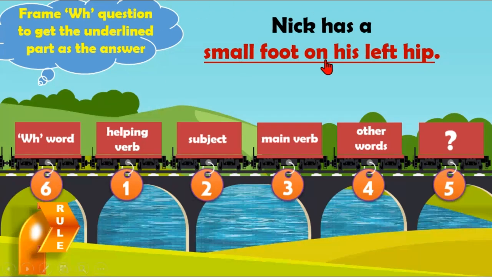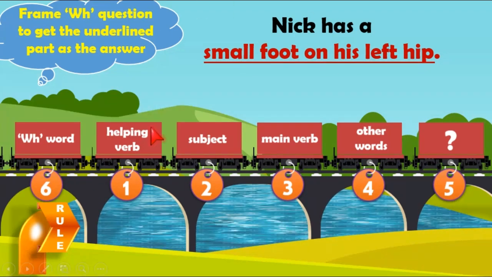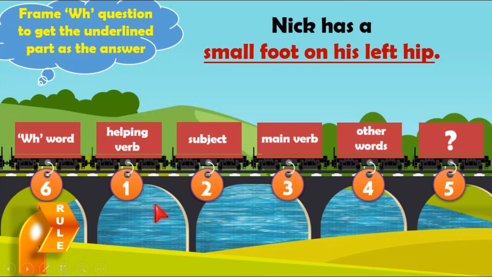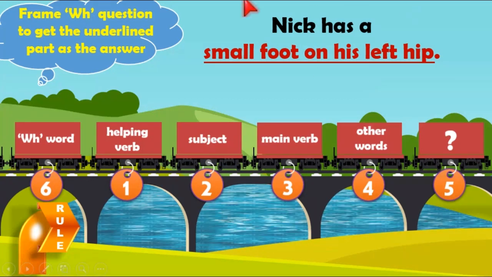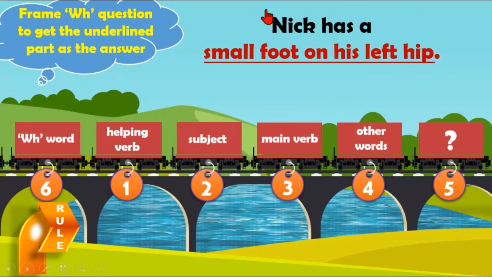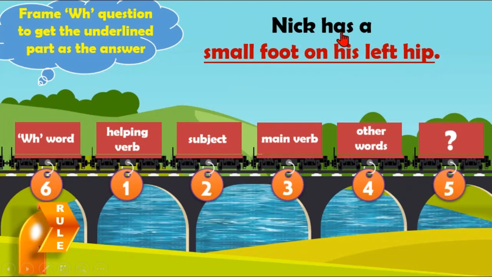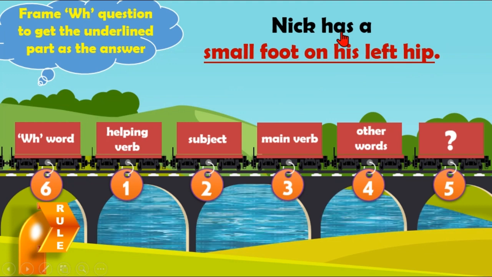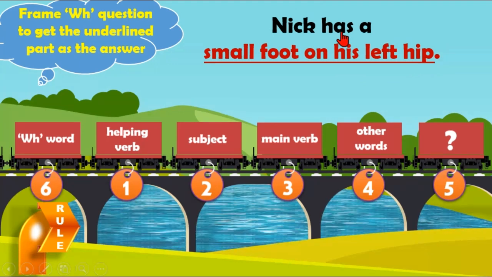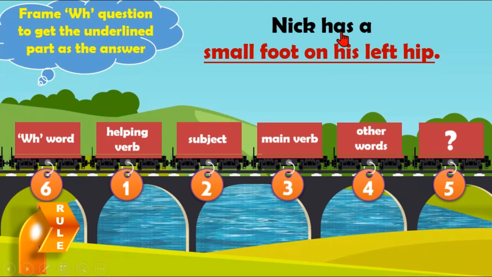So first we have to find out the helping verb. What is the helping verb of this sentence? Actually, here is no helping verb. Here is given has as a main verb. This sentence is in the simple present tense.